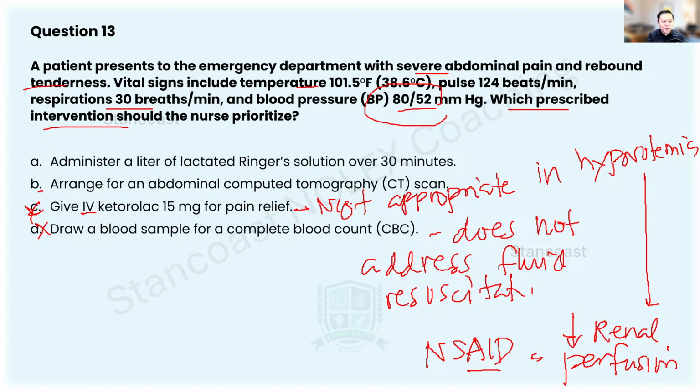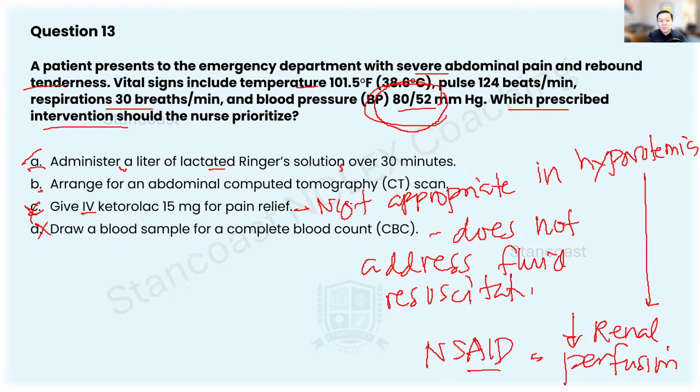Letter B, arrange for abdominal computed tomography CT scan. It's also a good intervention, but it will not take precedence over our more critical intervention, which is basically administering 1 liter of LR bolus over 30 minutes. Okay, you gotta do this one. Our patient is in hypovolemic shock.